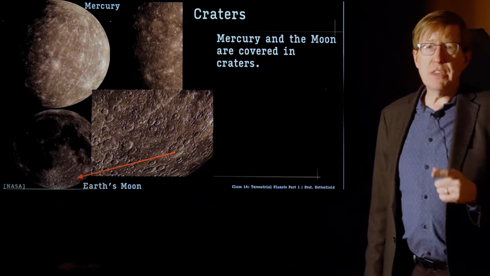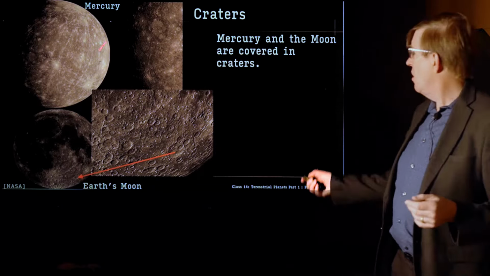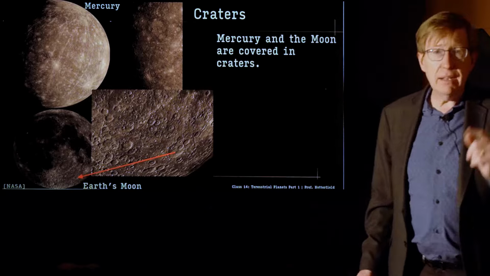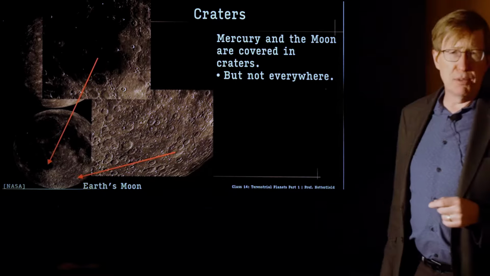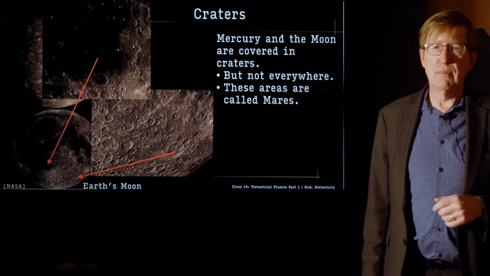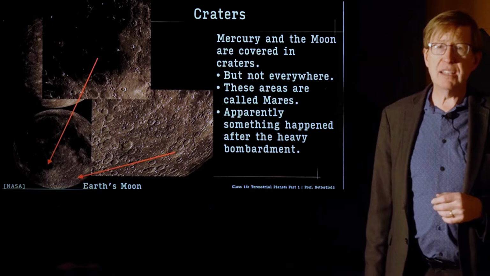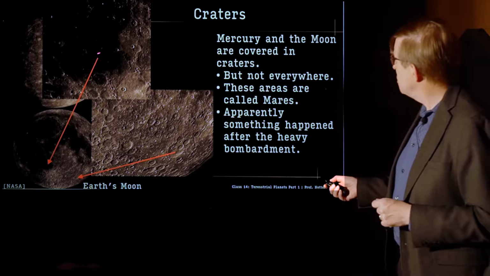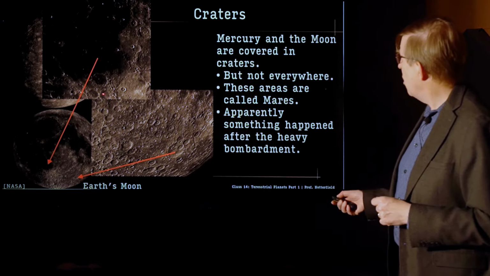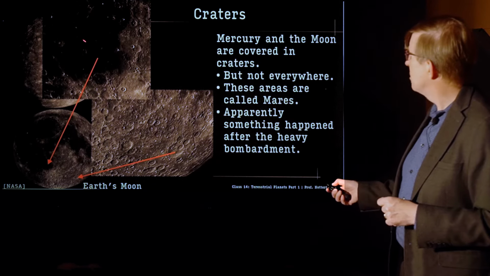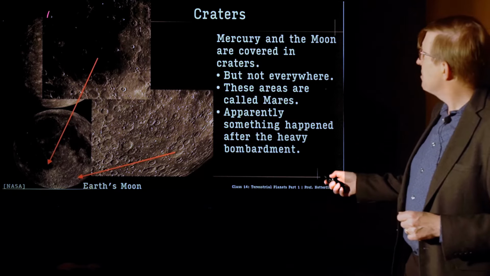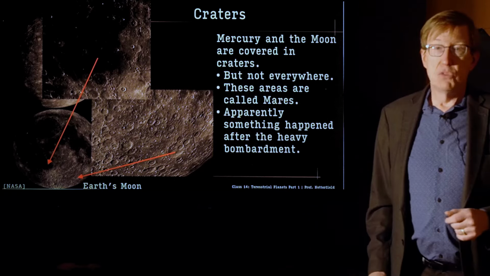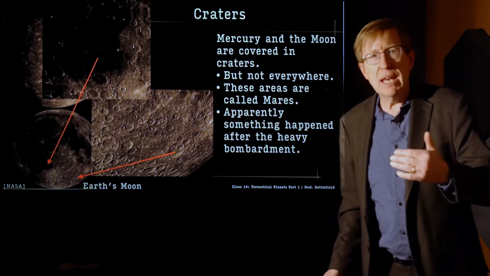So we saw that Mercury and the moon are covered with craters, but not everywhere. There are spots on the moon called mares that basically don't have any. There's a few, but here you have all these craters, and then it's pretty smooth, with very few craters. Apparently, something happened here to erase the craters after the heavy bombardment.